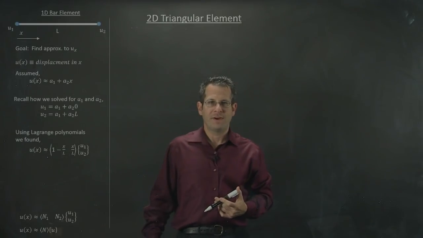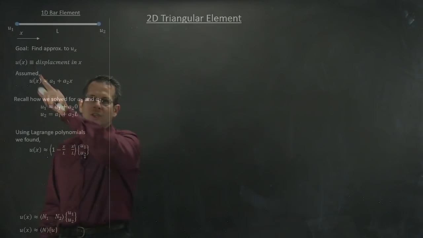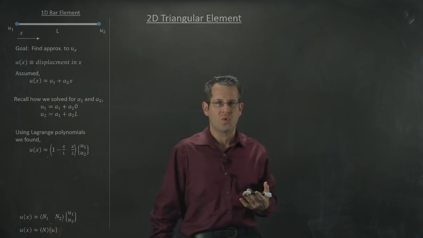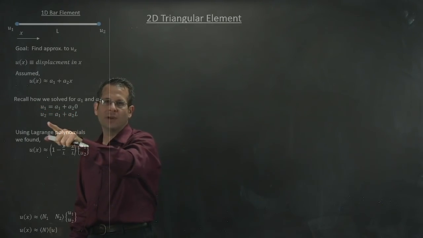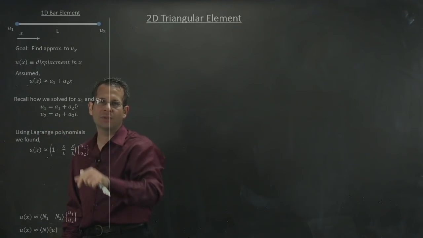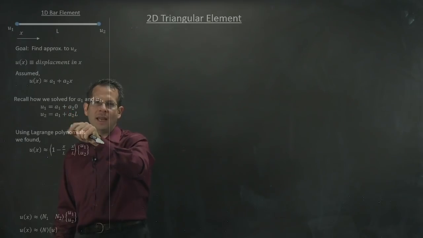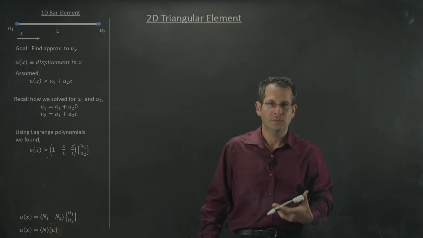In order to define those in terms of my unknown displacements, u1 and u2, I'm going to pretend for the moment that I do know what u1 and u2 are. I know that u1 is at x equals 0. I know that u2 is at x equals L. That allows me to solve for a1 and a2 in terms of u1 and u2.